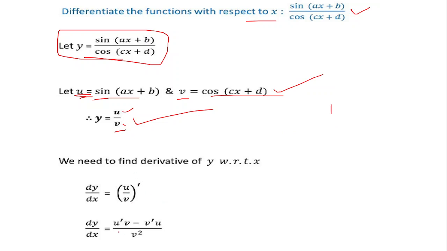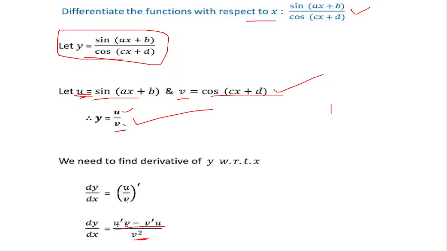Differentiation of this will become denominator square in the denominator, and in the numerator you differentiate like this. U is the numerator and v is the denominator. So first u differentiation you need to do.